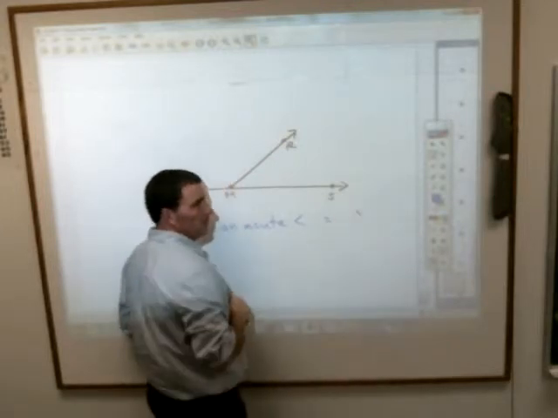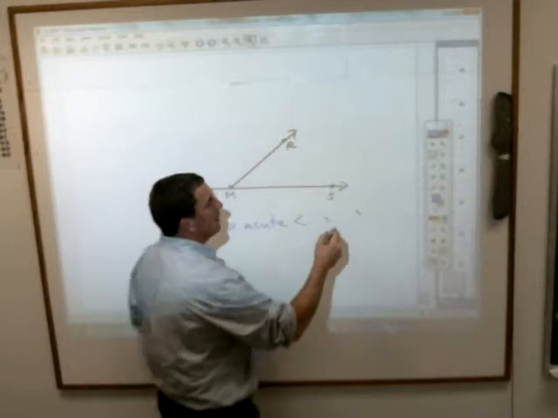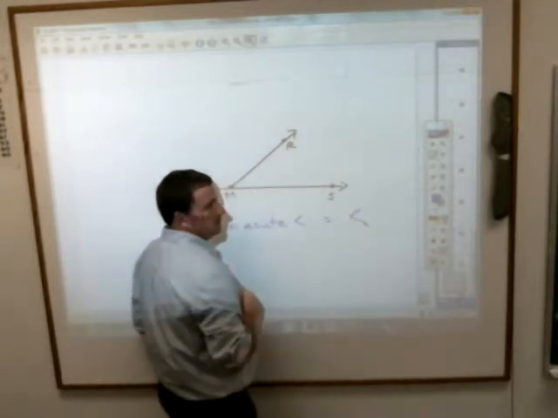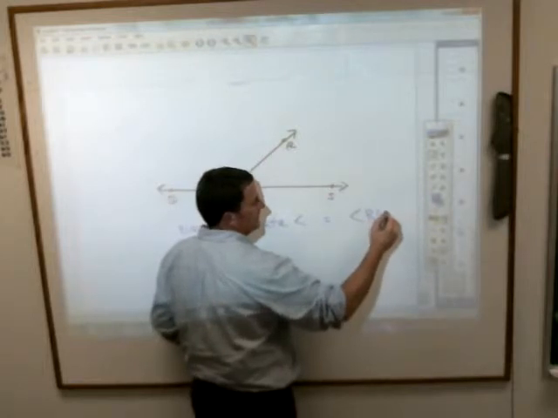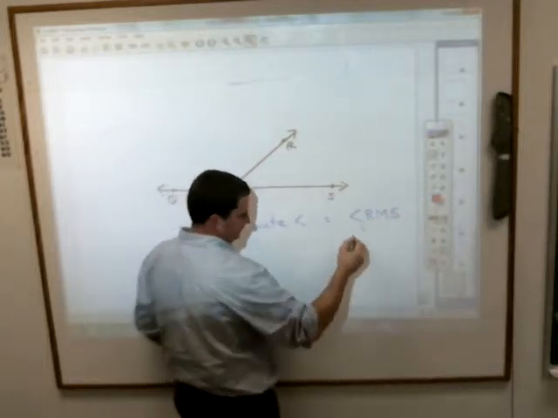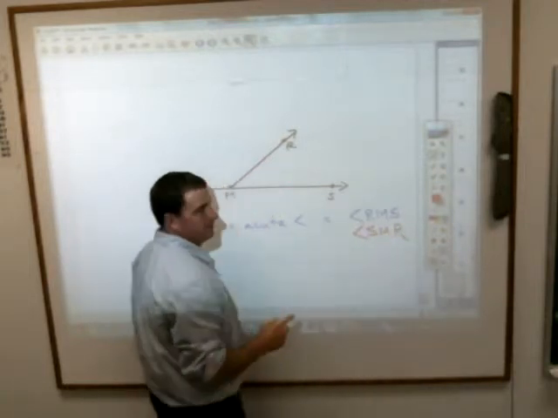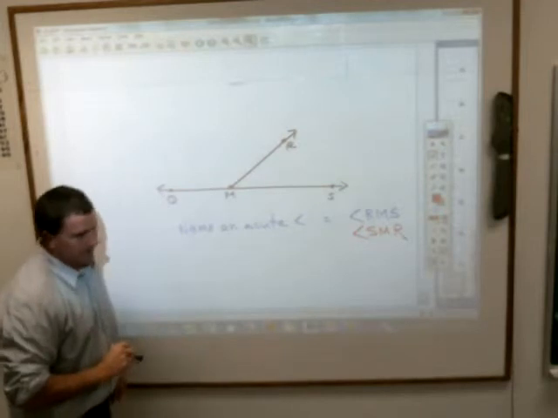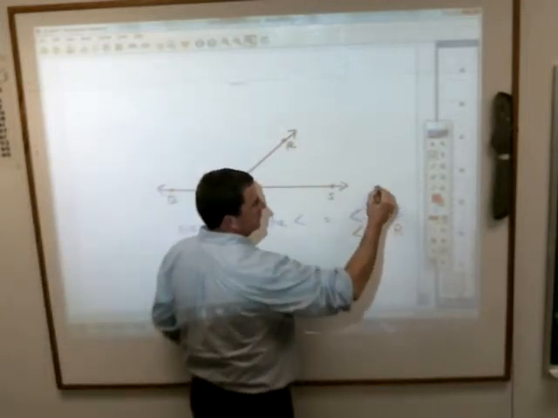And here's how you would write it on your paper. First of all, you have to tell me you're talking about an angle, and to do that, you draw a small little angle symbol. And Michael said it is angle RMS. Now, you could also call it angle SMR. The one thing that needs to be for sure is that the vertex of the angle is the middle one.